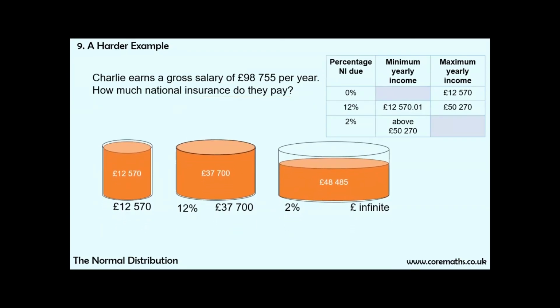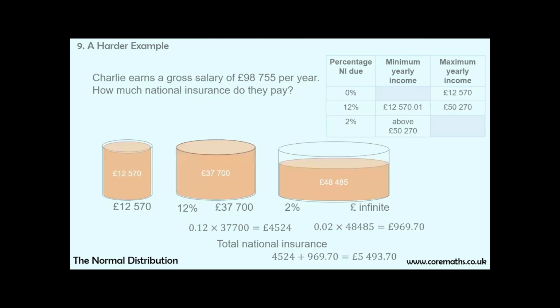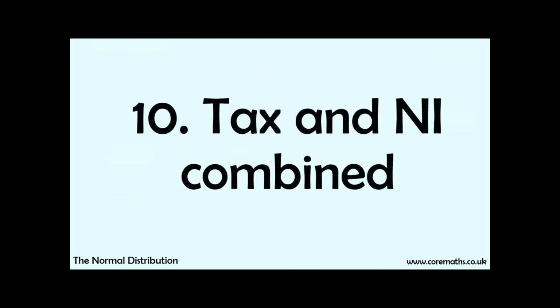Give myself some space to do the workings. So 12% of this one, 2% of this one. Be really careful. That's 0.02. And again, you remember in income tax, I suggested using 0.20 just to really help cement 20% and 2% of different things. So 0.02 times it, add those together. Charlie is paying just over 5,000.